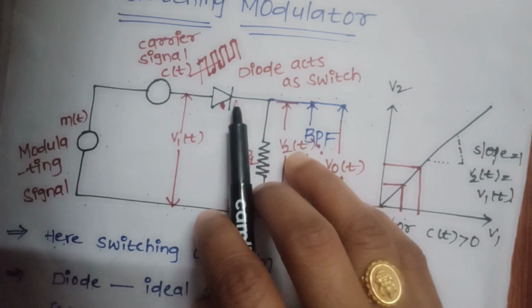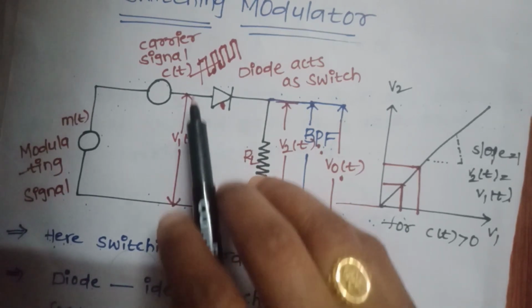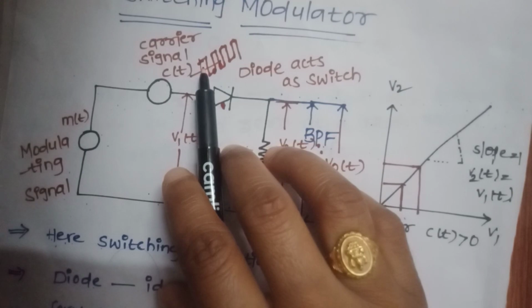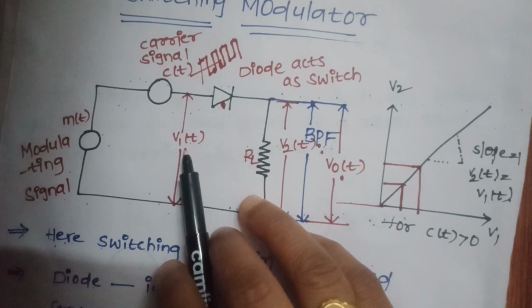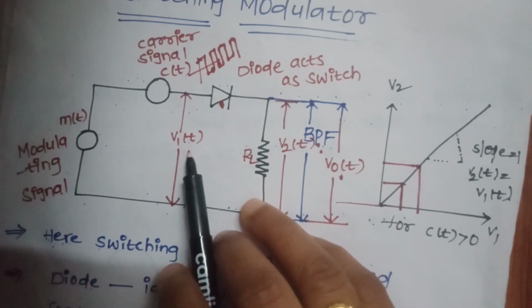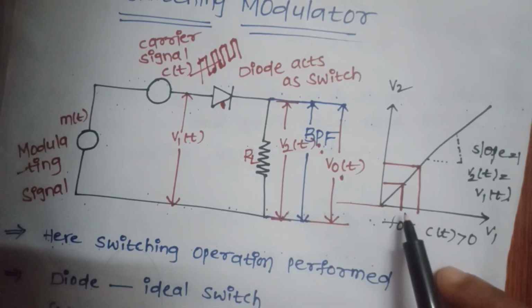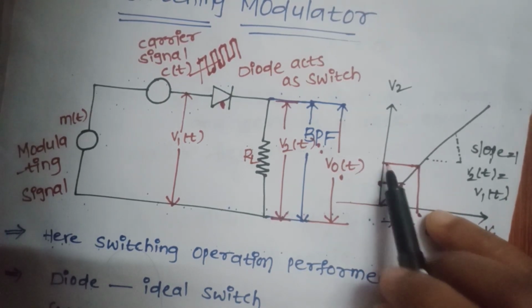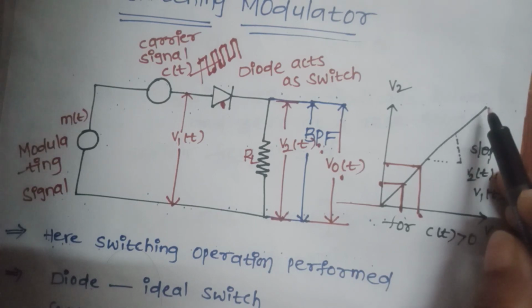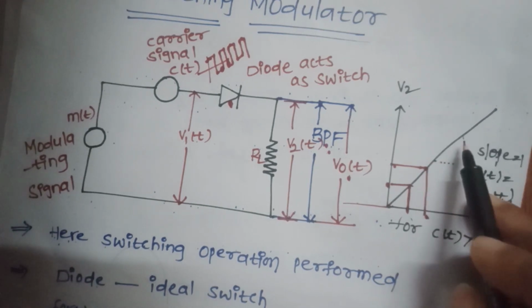The diode output is v2(t) and the diode input is v1(t). When the carrier signal is in the positive half cycle, greater than 0, v2(t) equals v1(t). So the input becomes the output, and linearly it increases. Here v1 equals v2, so the slope of this line is 1.